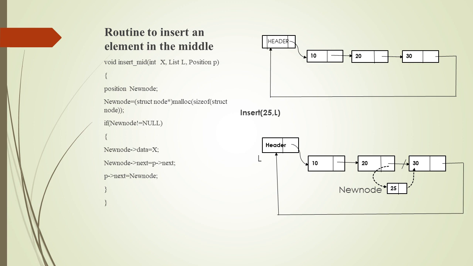Then we are giving the structure to the new node. newnode = (struct node *) malloc(sizeof(struct node)); if newnode is not equal to NULL, newnode data = x, newnode next = p next. P is nothing but position. p next = newnode. Now we are inserting the 25th element in the list in between two nodes.